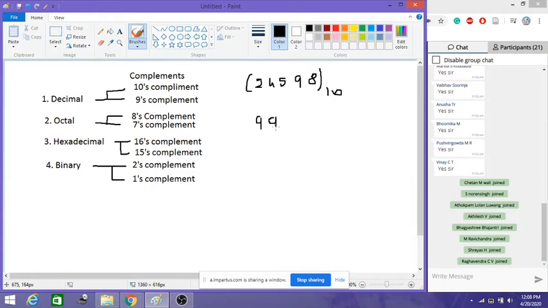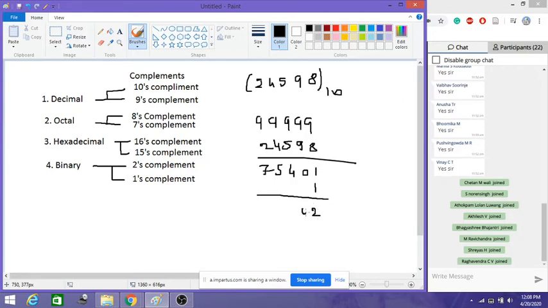So I have to subtract this number 24598 from 5 nines. I get the answer 75401. After subtracting, finally I have to add an additional 1 to its least digit.